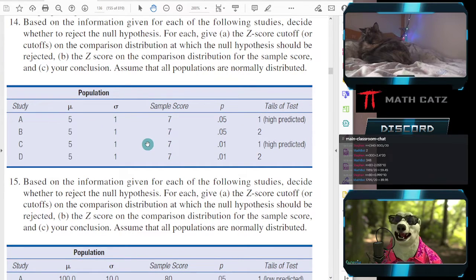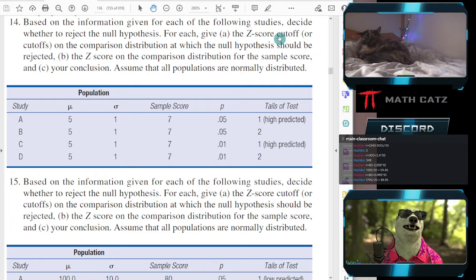I encourage you to watch that video first because we've read the question already and worked through it, so we might go a little faster in this one, because there's certainly an order that I expect one to watch these videos in. So let's read through it quickly anyway. Based on the information given for each of the following studies, decide whether to reject the null hypothesis.